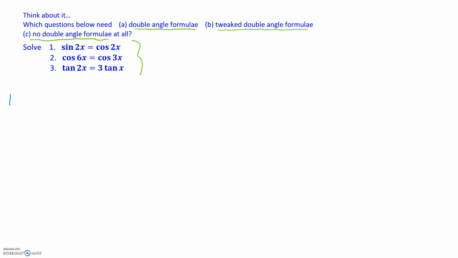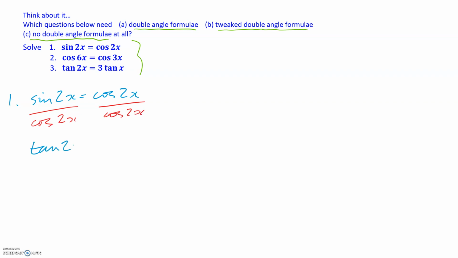The first one, sine 2x equals cos 2x. Hopefully you realize that if you just divide both sides by cos 2x, you will get tan 2x on the left hand side and 1 on the right hand side.